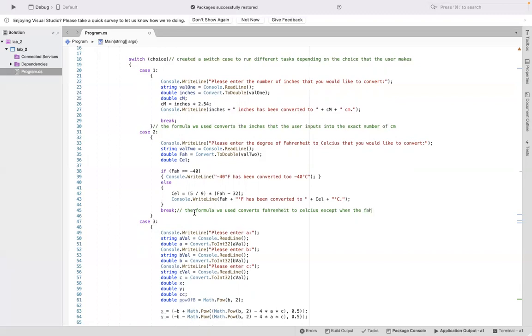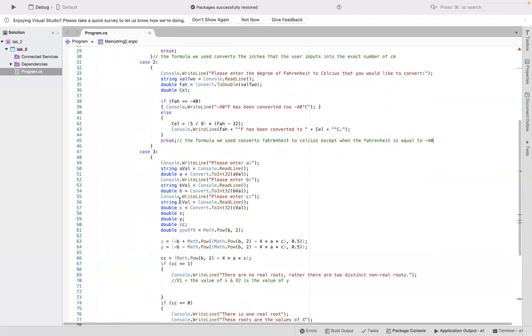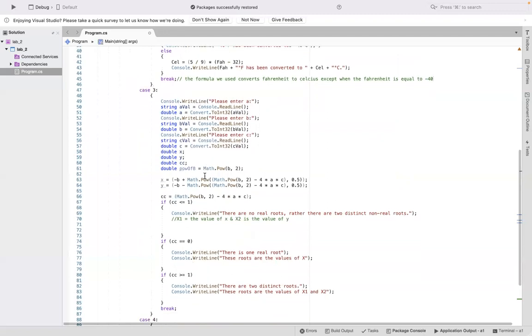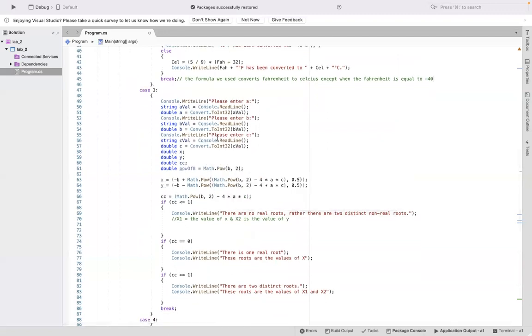When input is negative 40. Cool. On line 62, or line 63 rather, can we write a comment just to say that it's the quadratic formula, in case it causes confusion for the teacher? Yeah.